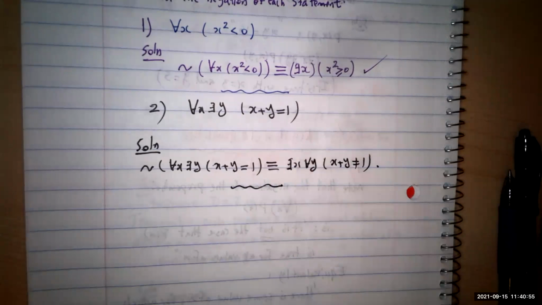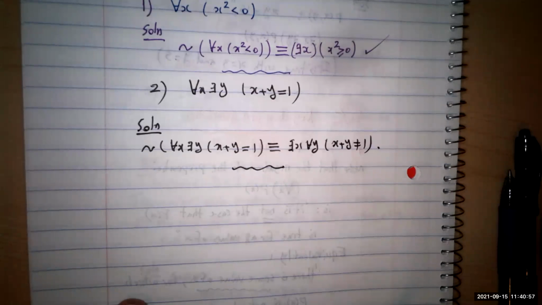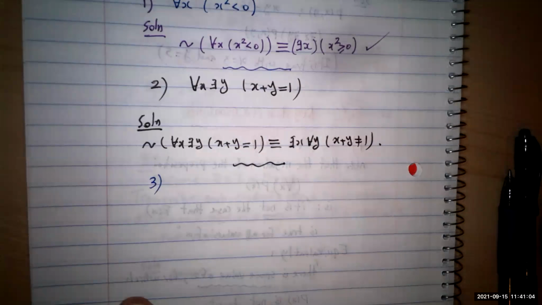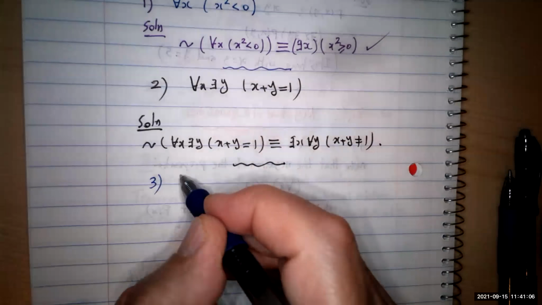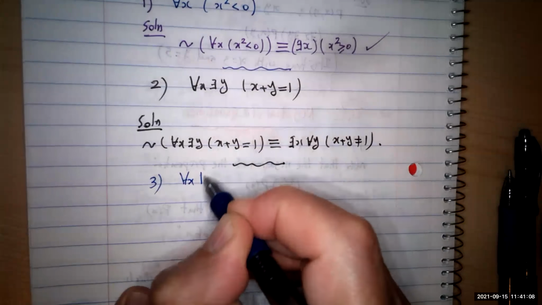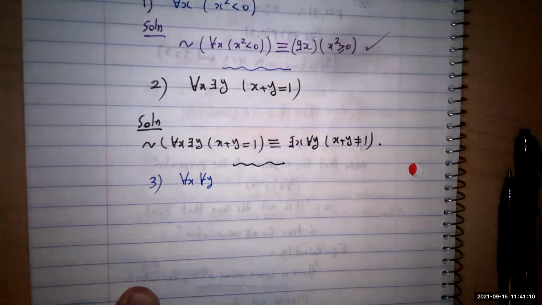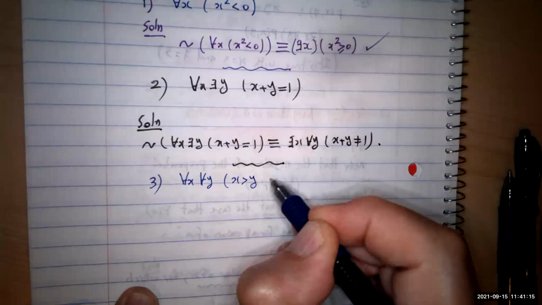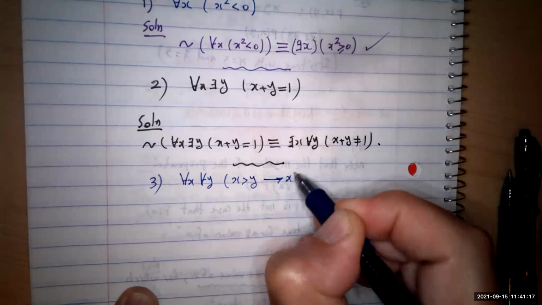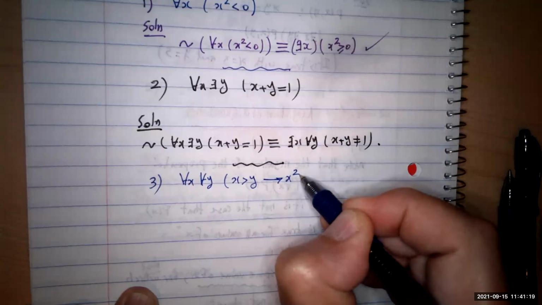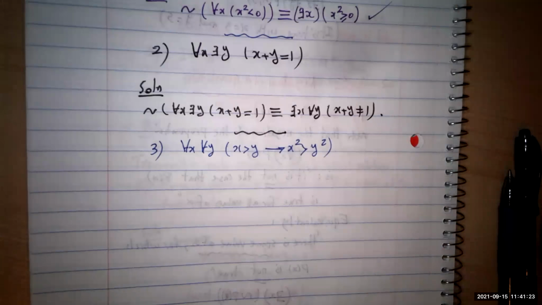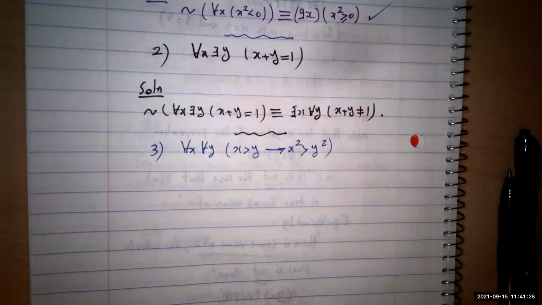Let's have another one. This is the tricky one, the one that most people missed on the test. This is the statement: for all x and for all y, when x is greater than y, that implies that x squared is also greater than y squared.